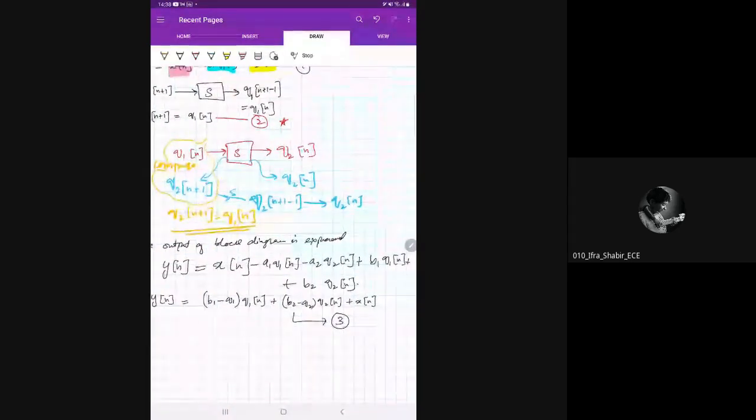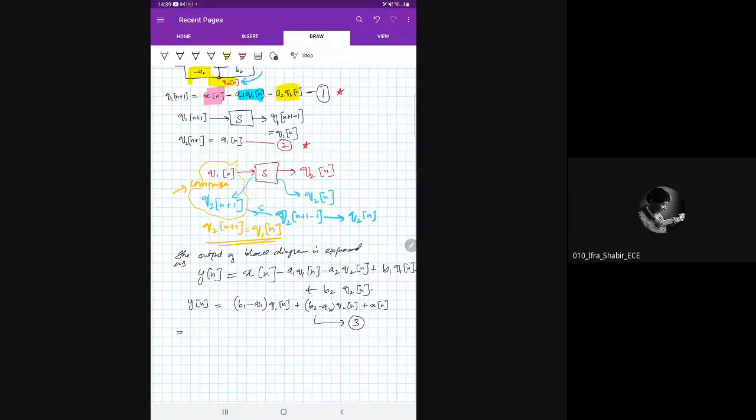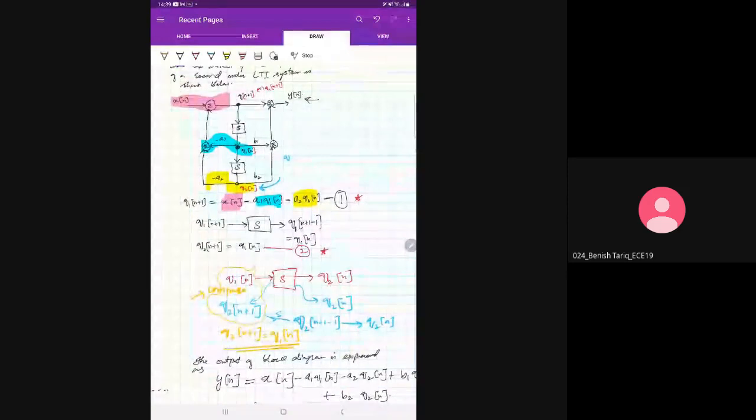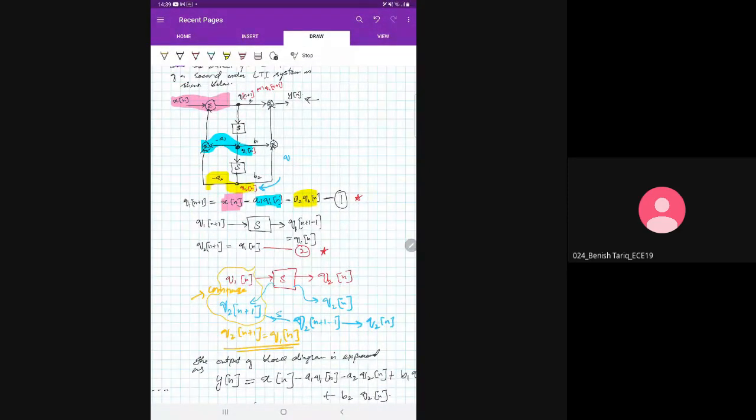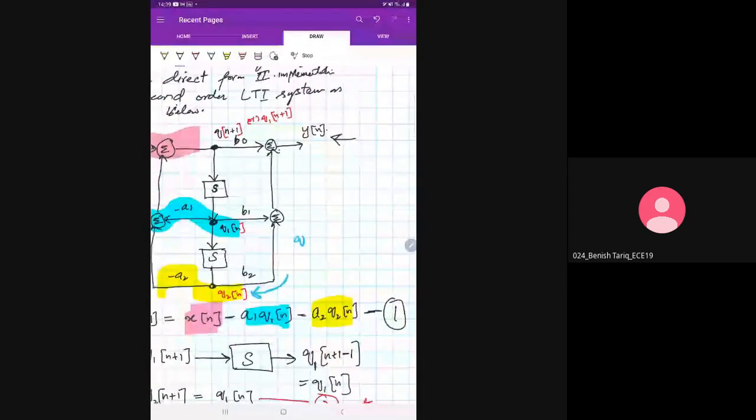Okay, now see equation 1 and 2. Sir, there was a b naught term as well in direct form 2. Yes, there was a b naught term, but I have not mentioned it here. Okay, b naught can be equal to 1. That was a very good question, she said that there was a b naught term here.